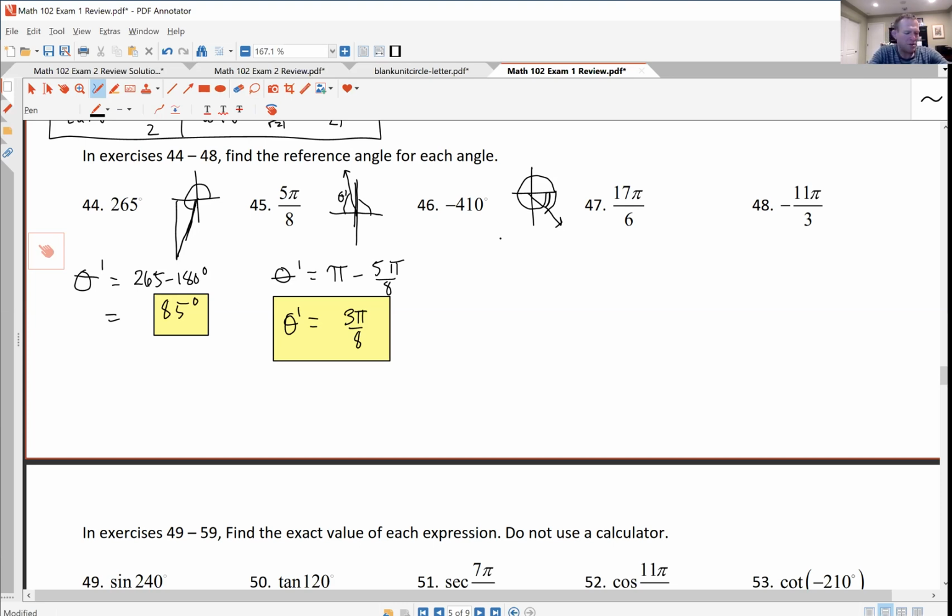And so I do negative 410 plus 720 degrees to get it to be positive. So that's 310 degrees where we went around this way. And then I can find theta prime by doing 360 minus 310, which gives us 50 degrees.